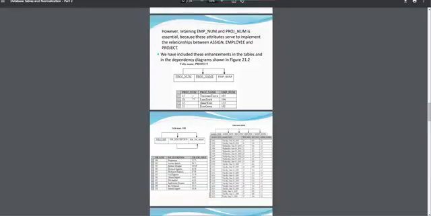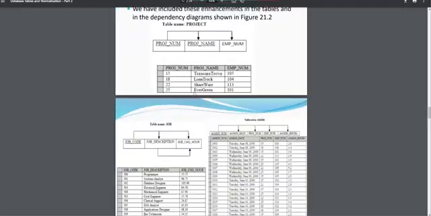So look at it this way. By going through this way, we can convert this data into the normal form.